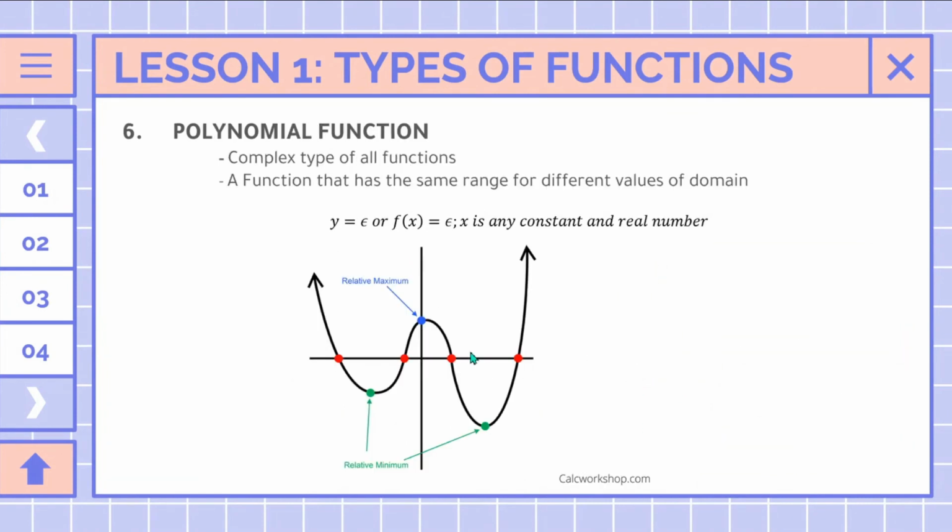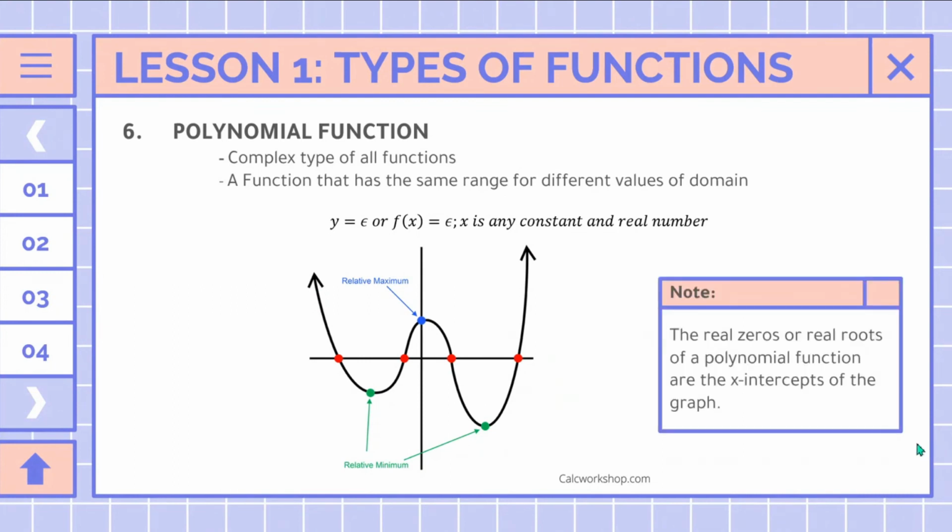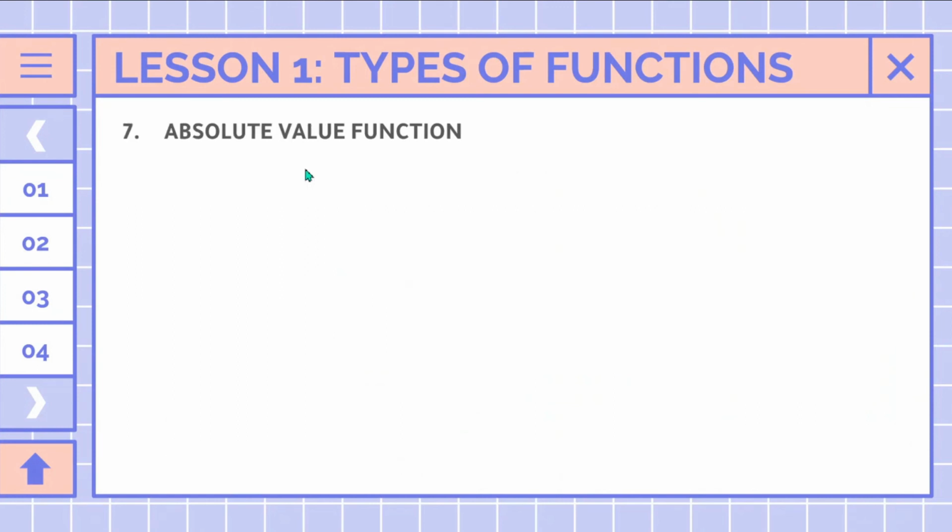This is an example of a graph of a polynomial function. Note that the real zeros or real roots of a polynomial are the x-intercepts of the graph.